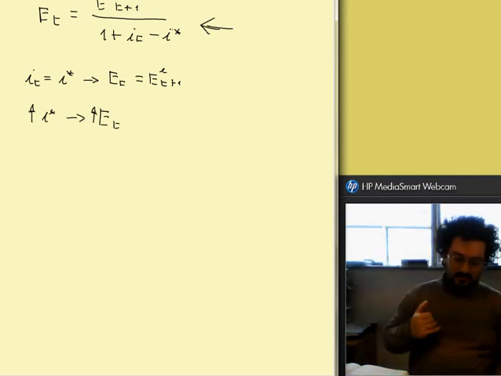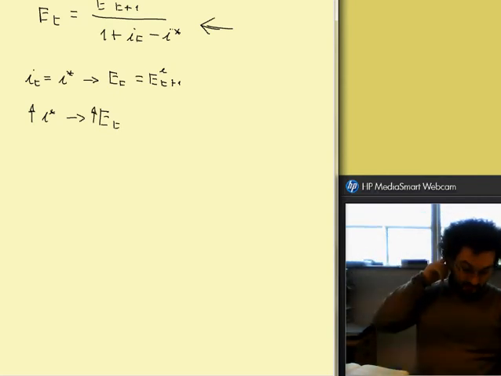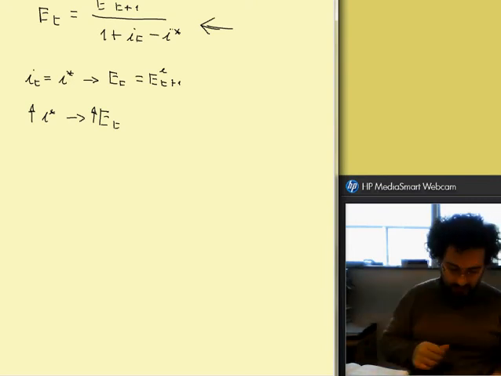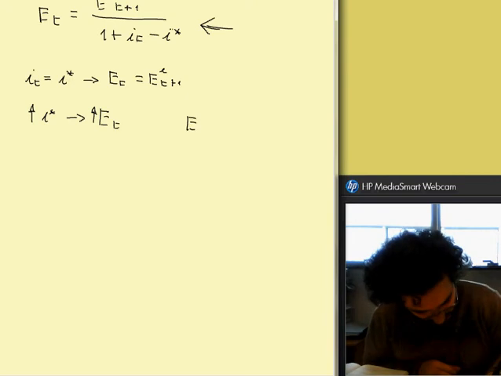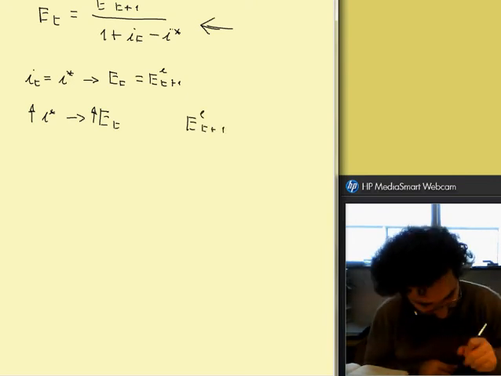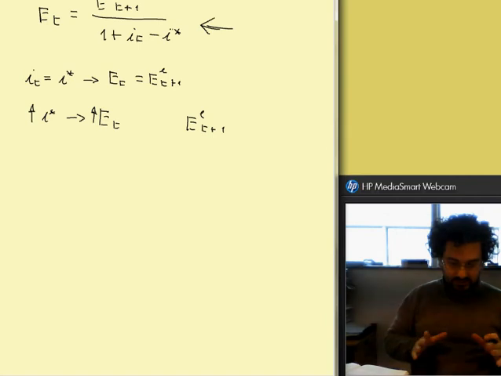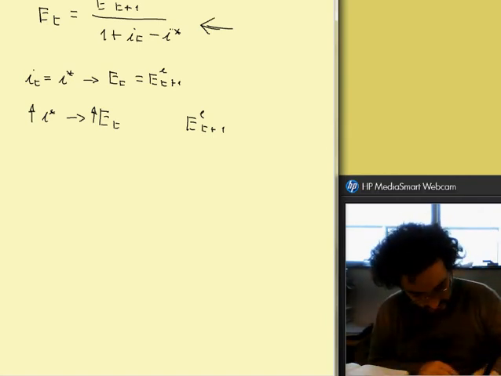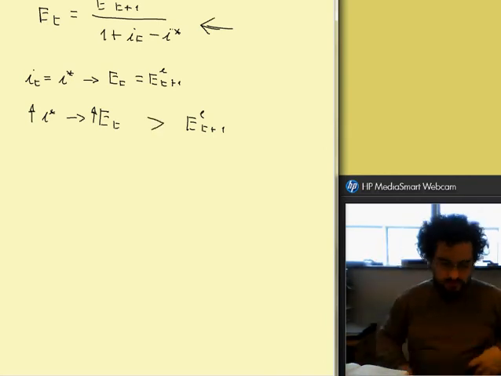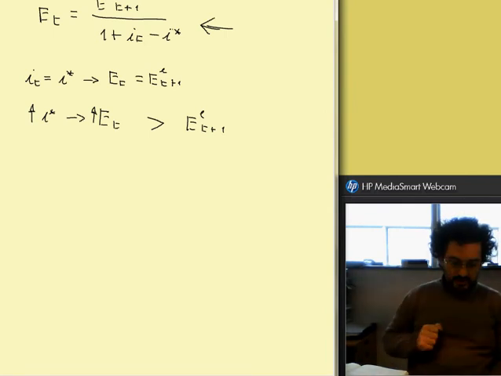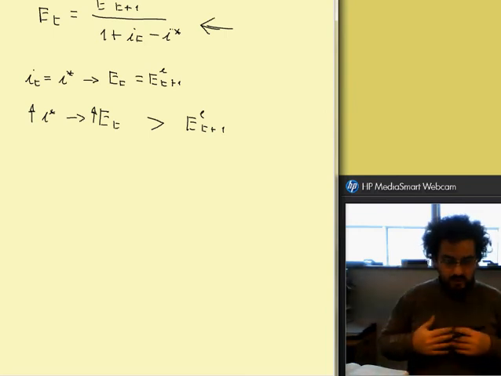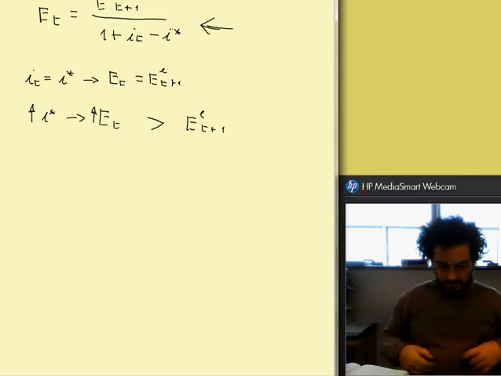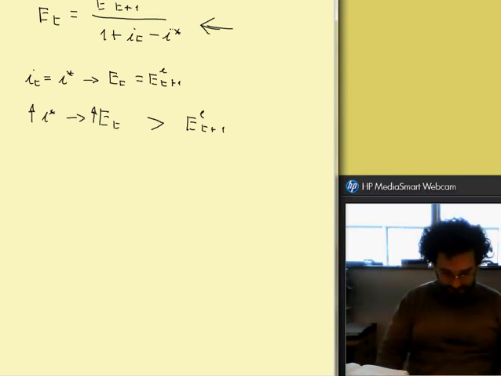This means that we have an appreciation of the US dollar or a depreciation of the euro against the dollar, but given the expectation on the exchange rate on the next period, which doesn't change, the current exchange rate is greater than the expectation of the exchange rate. This means that in this case we have an expectation of appreciation in the exchange rate.